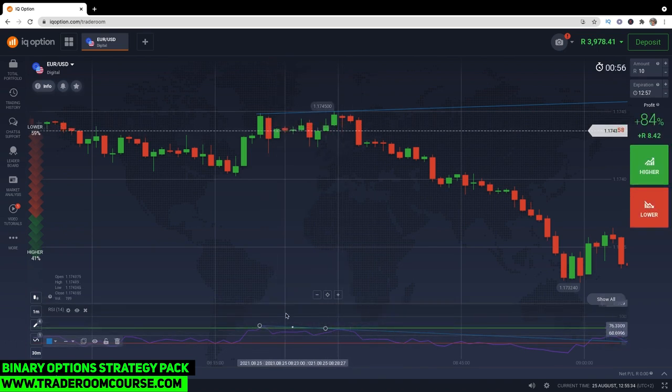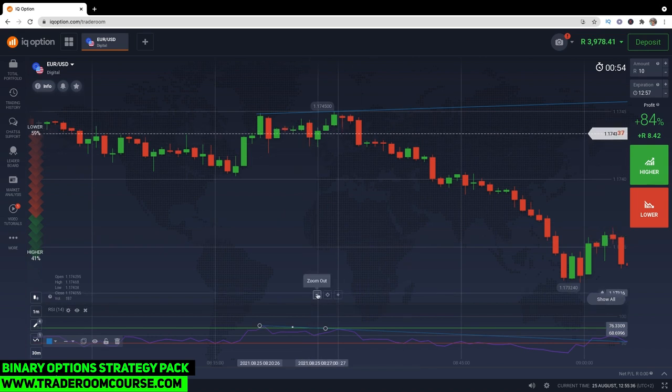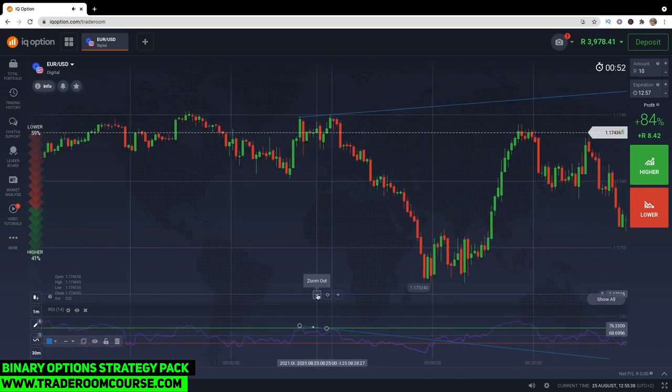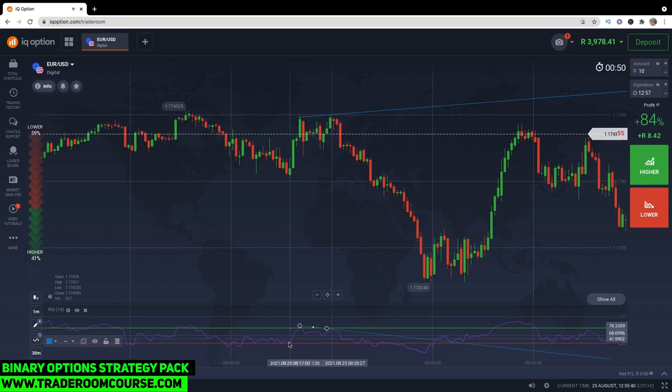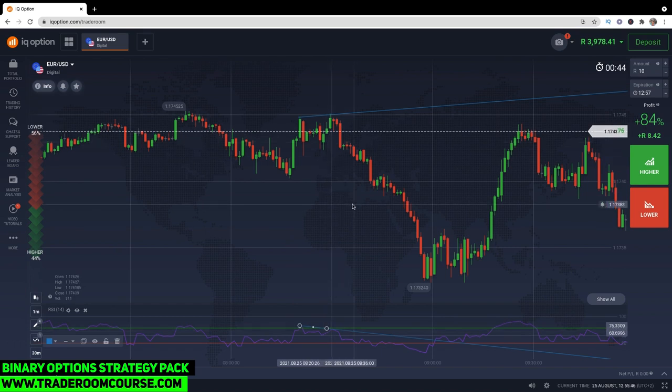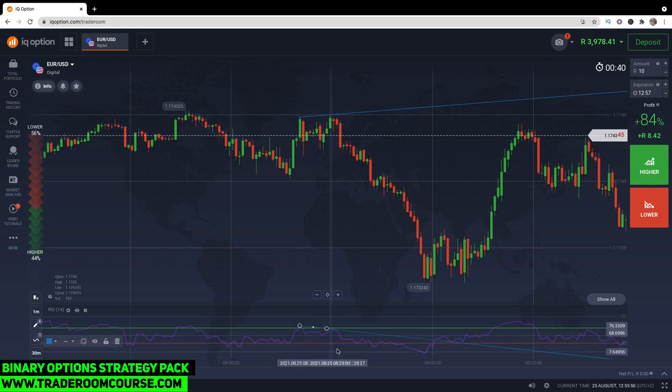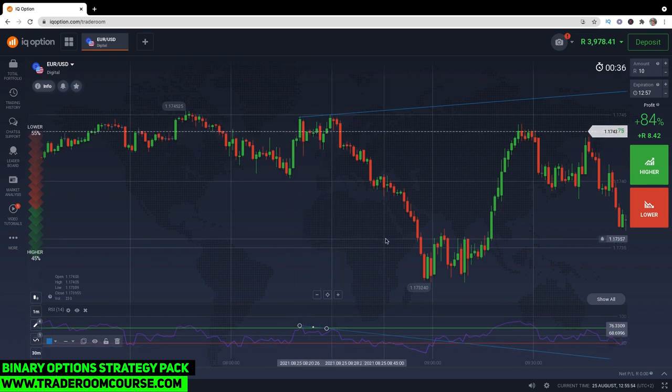This tells us that momentum may be shifting to the downside, and we want to look for sell positions. So when we have divergence in the overbought area of the RSI, we are only looking for sell positions. If we have divergence in the oversold area of the RSI, which we do not in this case, we would be looking for buy positions.